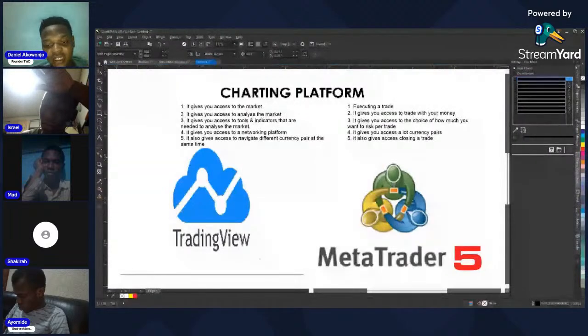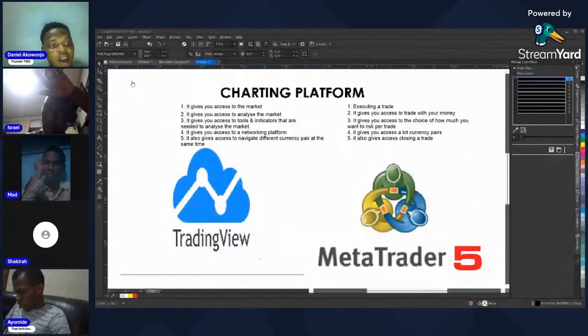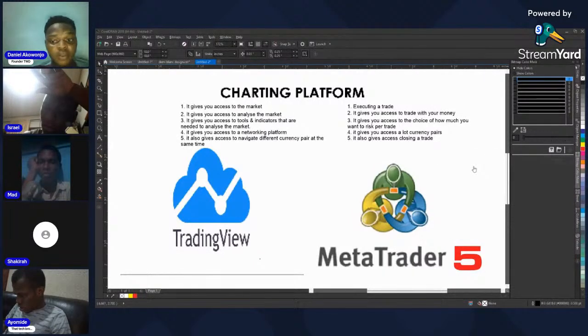Now I said earlier that Xness is the intermediary. So how does Xness work? You are a trader. You need money to be able to access the market, and how will you be able to input that money?